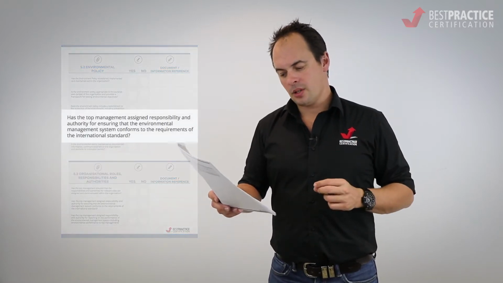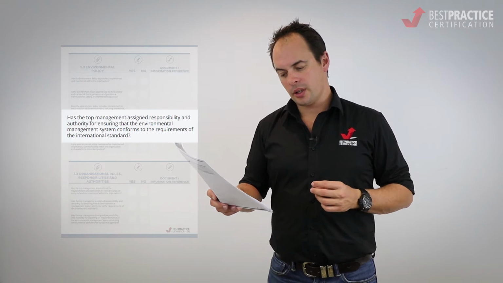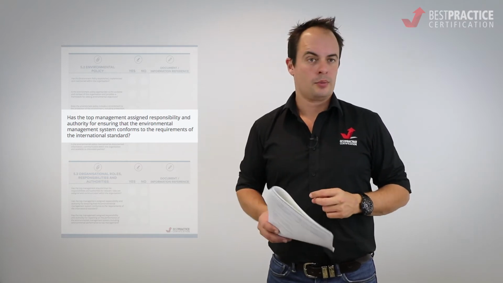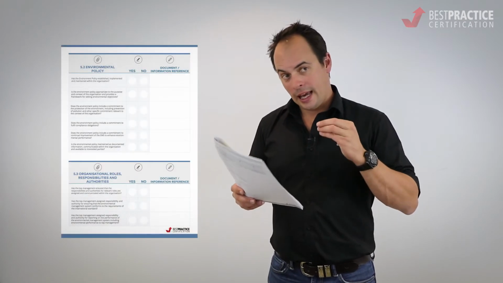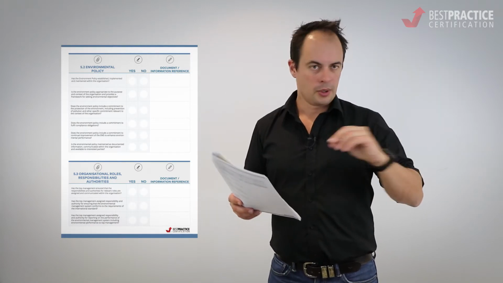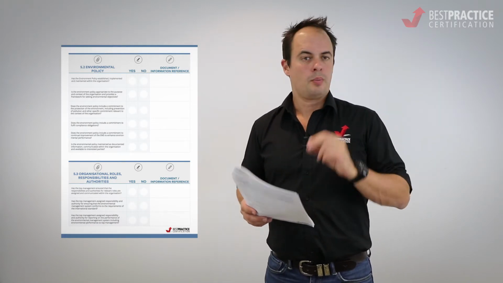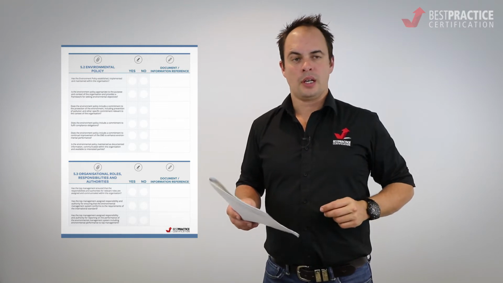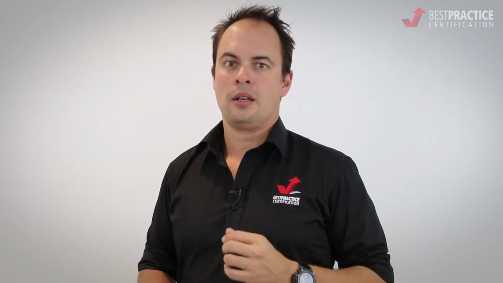Has the top management assigned responsibilities and authority for ensuring that the environmental management system conforms to the requirements? Now, has somebody got the role or a responsibility in their position description to be the environmental management system representative? Now, that's a critical thing that we do look for, that somebody can get to know the standard, they've got resources, they've got time allocated.